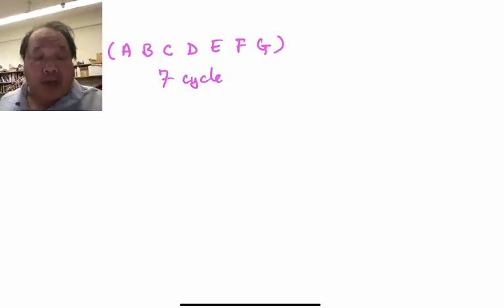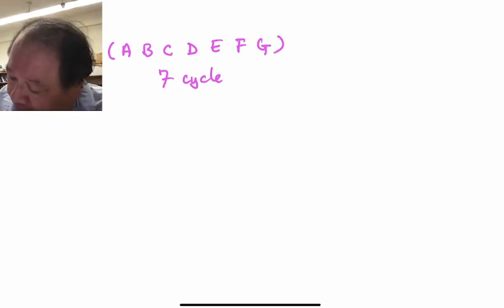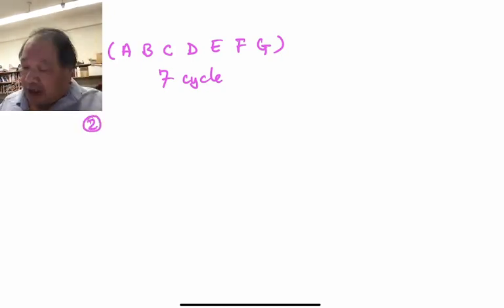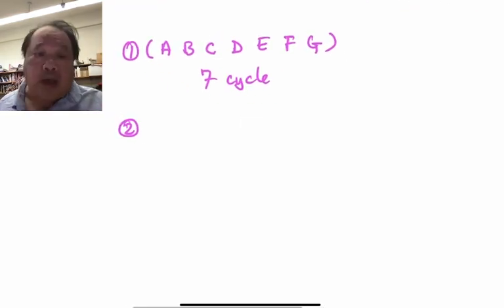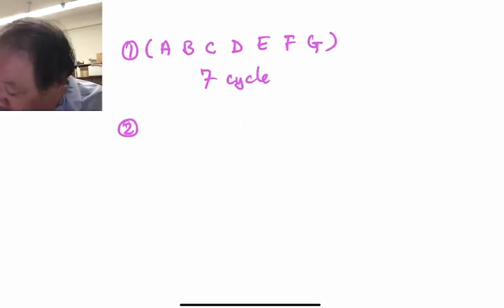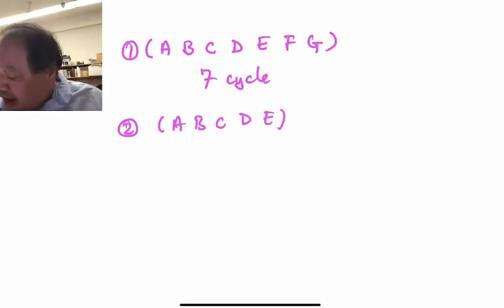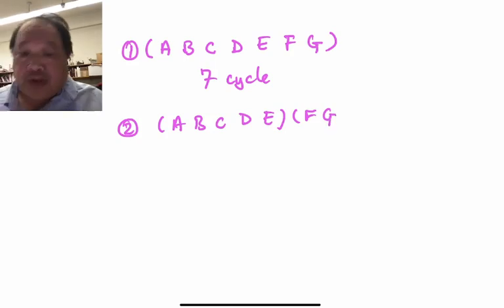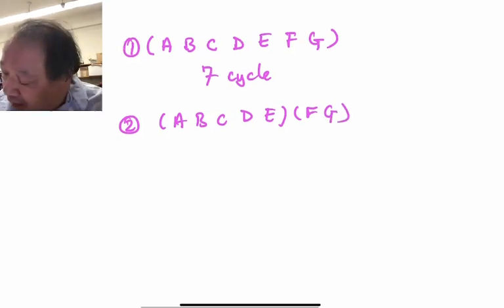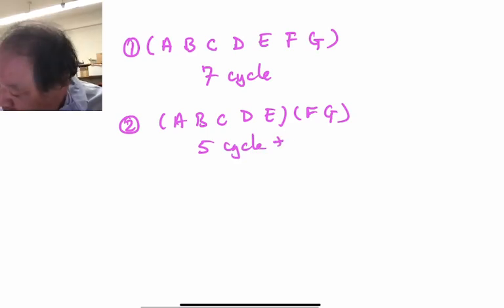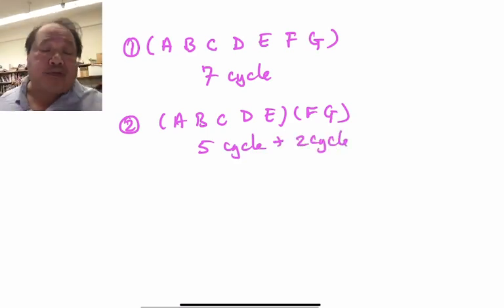And so one way to do it is a 7 cycle. A second way to do this would be A puts on B, puts on C, D, and E, and then F and G. So another kind of structure would be a 5 cycle plus a 2 cycle. All 7 brothers are putting on a different hat.